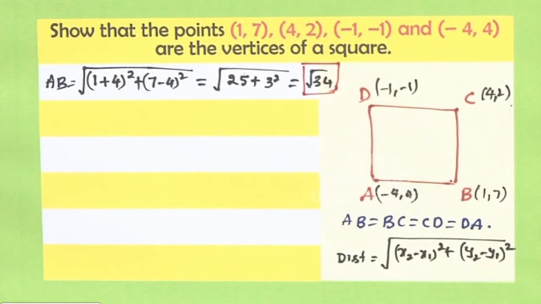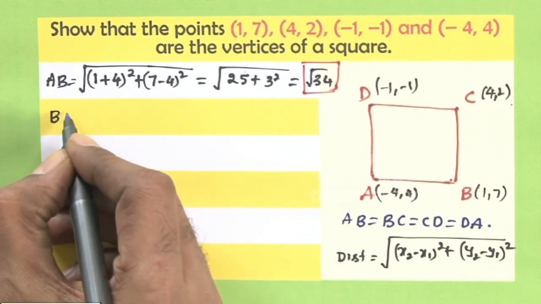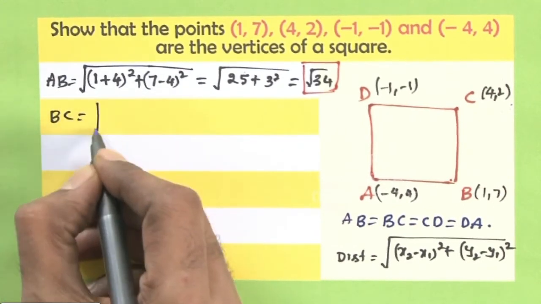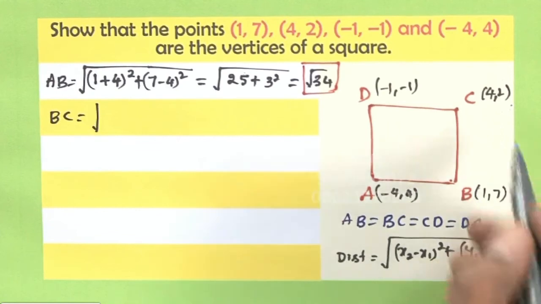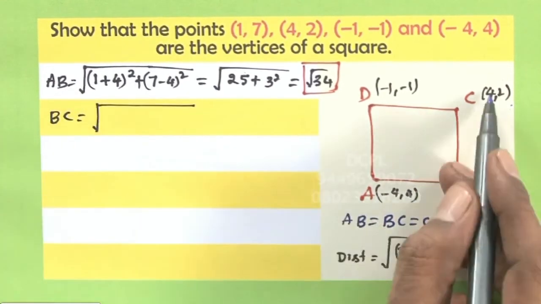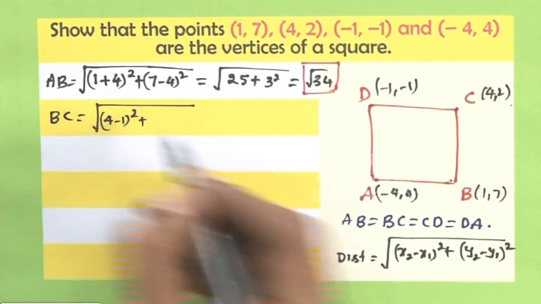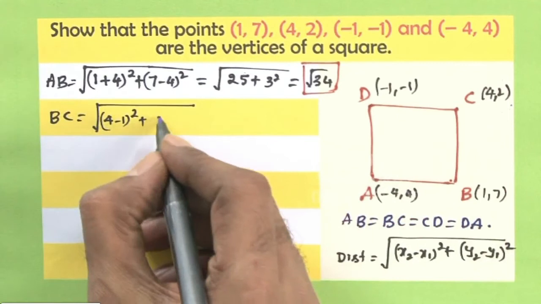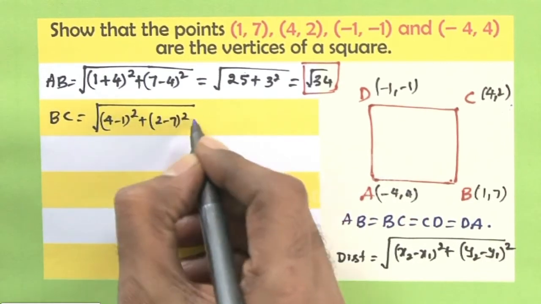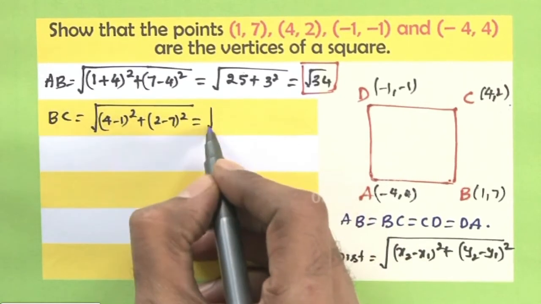Now what about BC? BC is given by 1, 7, 4, 2. Can I directly write it? 4 minus 1 whole square plus 2 minus 7 whole square. What is 4 minus 1? 3. What is 3 square? 9.